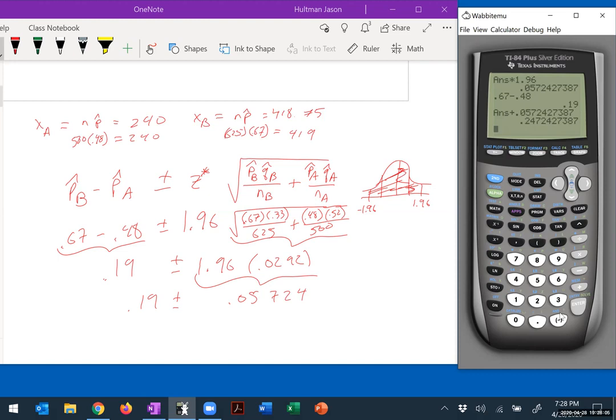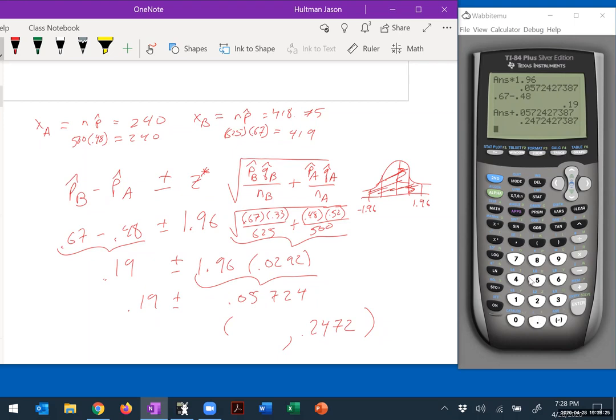I add this answer that I got before and I get my upper, which is 0.247, we'll say 0.2472.